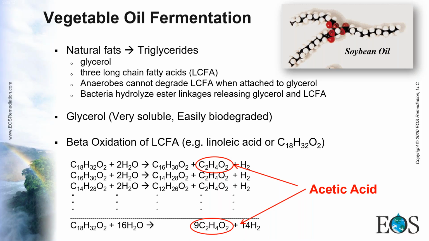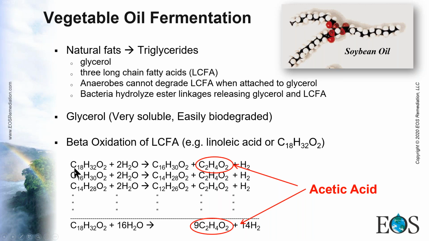But there are fermenters in the subsurface that do a process called beta oxidation. They'll take one of these long chain fatty acids. I'm going to assume it's linoleic acid, although there are a couple of different versions. It has 18 carbons, a bunch of hydrogen and 2 oxygen.